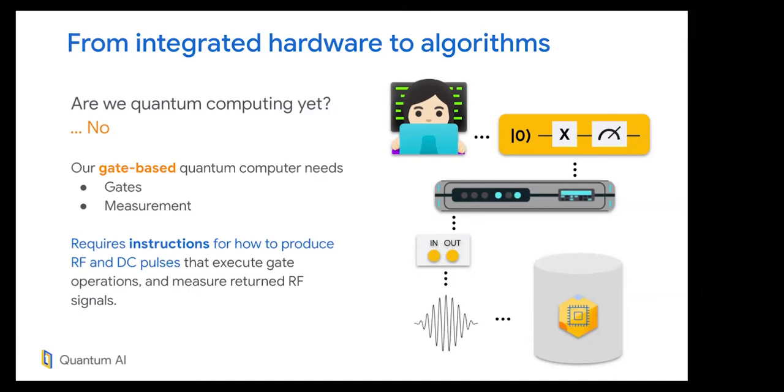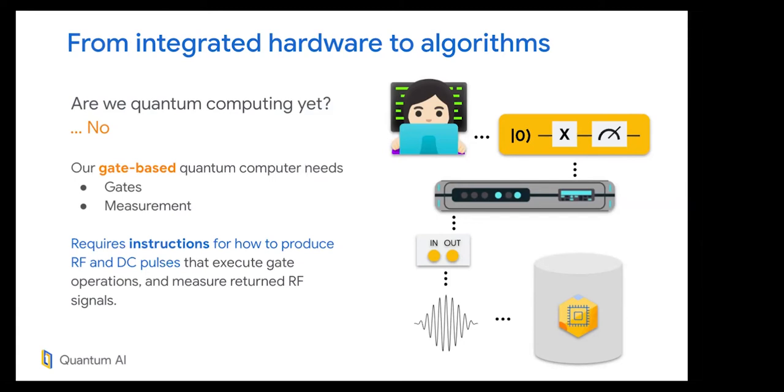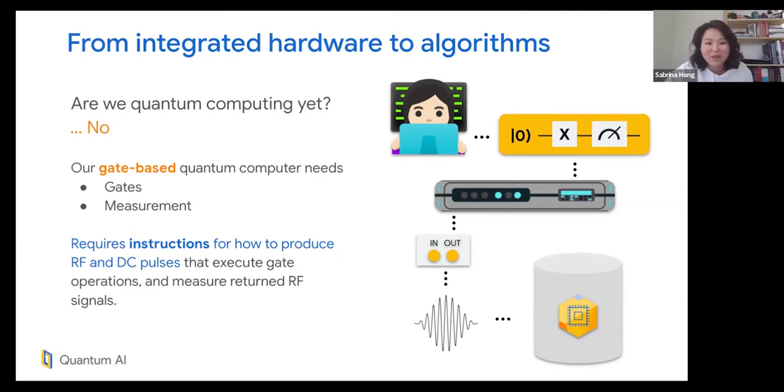But the thing that we need for gates is instructions. So to be able to perform a gate, the electronics need some sort of instructions for how to produce certain microwave and DC pulses that are equivalent to, say, a pi pulse or a Hadamard gate or an X gate or a Y gate or things like that. And also we need to be able to measure the return signals from the device itself.